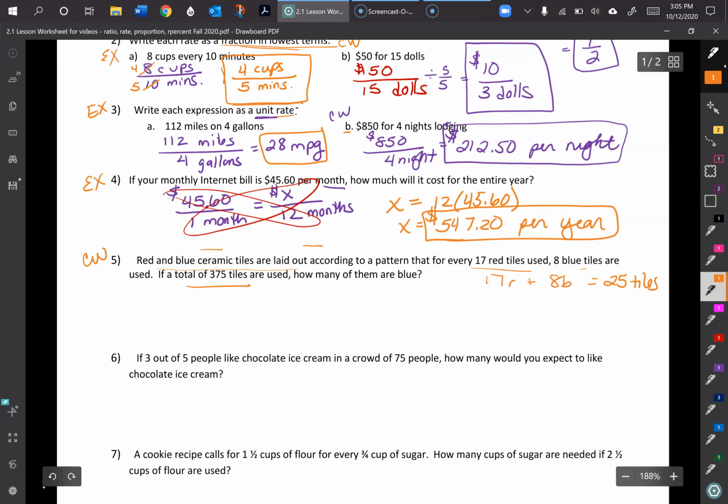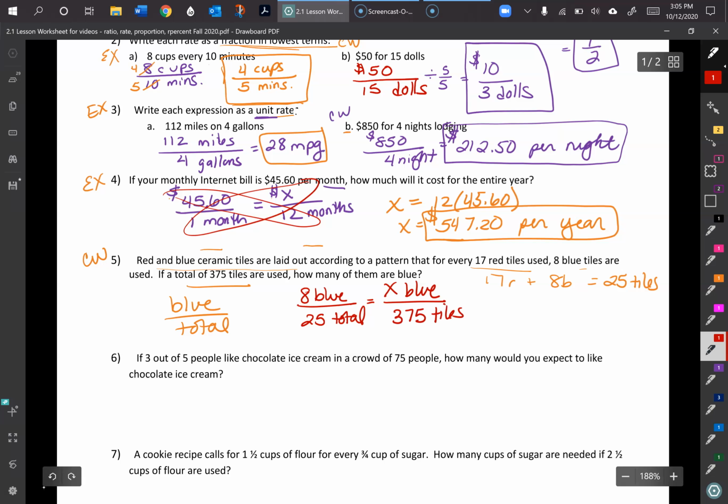If we have 375 tiles all together, how many are blue? So I'm going to say blue over total. That's going to be how I'm going to set up my proportion. So if I have 8 blue tiles for every 25 total tiles, then I would have X blue tiles for every 375 tiles.